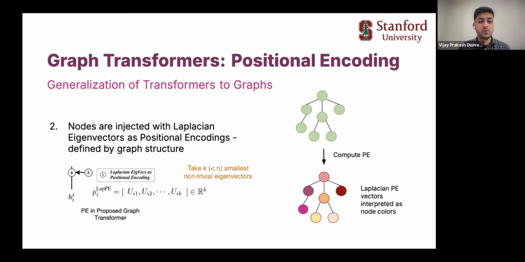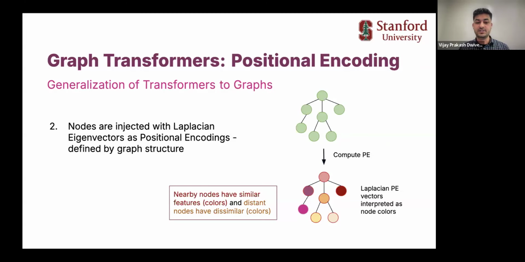If we do this, we get k-dimensional vectors for each of the nodes, and we can simply attach them to the node tokens, similar to what we see in the text transformers. And a good property of this kind of encoding is that if we interpret it as colors, we'll find that nearby nodes have similar features and distant nodes have dissimilar features, which in principle is similar to what we learn from the position encoding definition in general for text, for example.